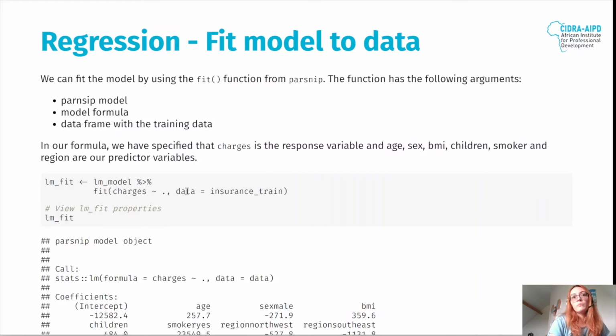And you need to pass the data frame that you're using with the training data. So you can see here that the data is insurance train, because again, we train the model with the train set, not with the test set. And you can see the properties of the model. It has here, see, it's an LM, charges.